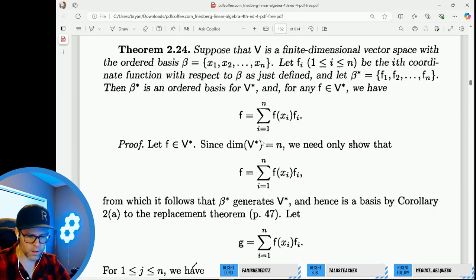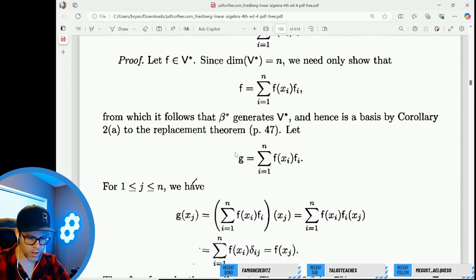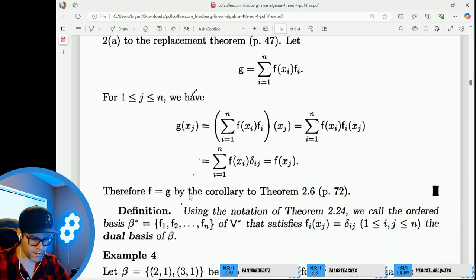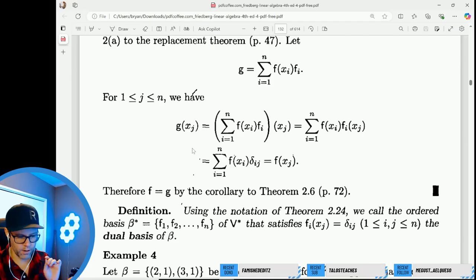So they want this representation to be a unique representation. Right? If we had more than one representation, it would be silly. So I think that's why they're trying to show that f and g are the same. F and g being the same means that there's really only one representation as a linear combination of these linear functionals. Okay, that makes sense.